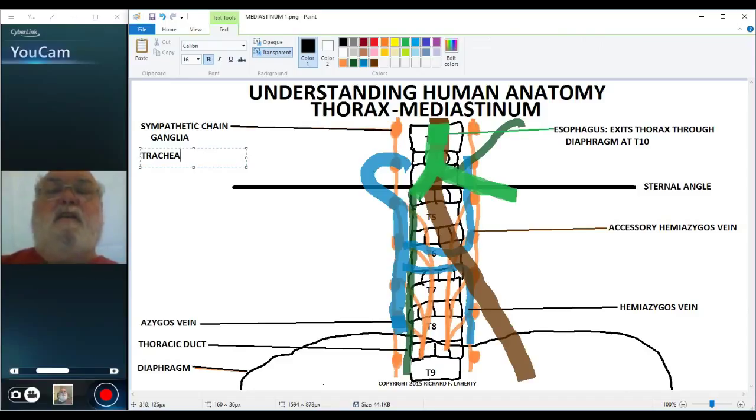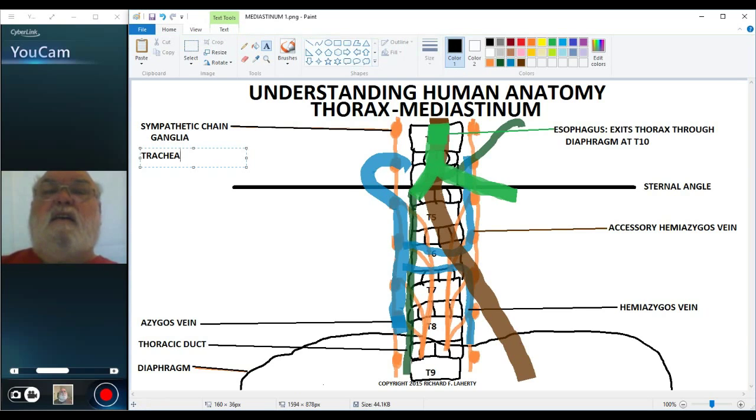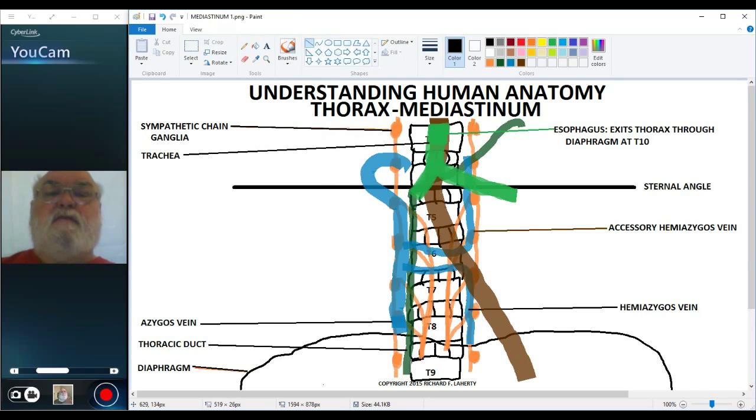Have the trachea in green, and we'll draw a line over to the structure. And recall from an earlier lecture, I mentioned that the trachea has hyaline cartilaginous C-shaped rings, and I'll just indicate those rings like so.